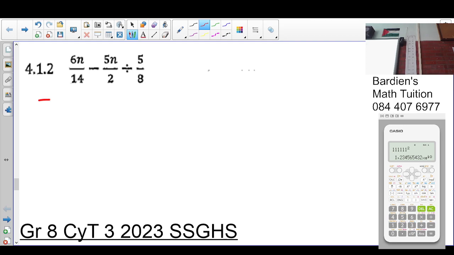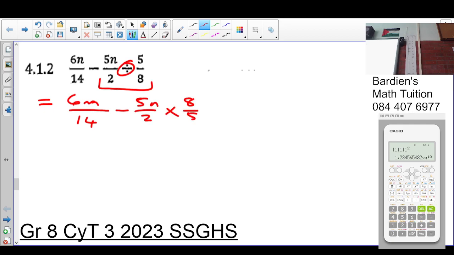Right? What needs to be done first here? Some of you put a bracket here, people. It's haram. Can't do that. Can't put a bracket here. No. We need to do multiplication and division first. So 6n over 14 minus 5n over 2 times 8 over 5.